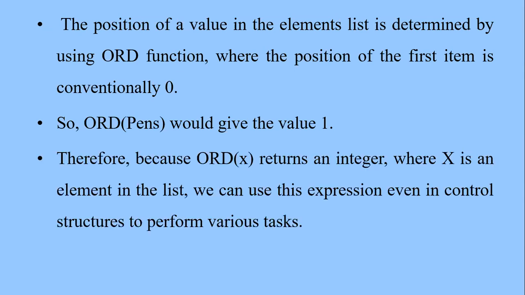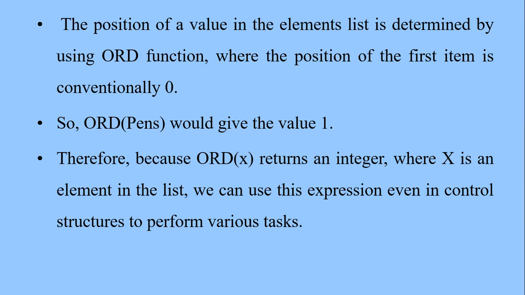Therefore, because ord of any element returns an integer, where x is an element in the list, we can use this expression even in control structures to perform various tasks, because the position of an element within the definition is generated using an ord value.